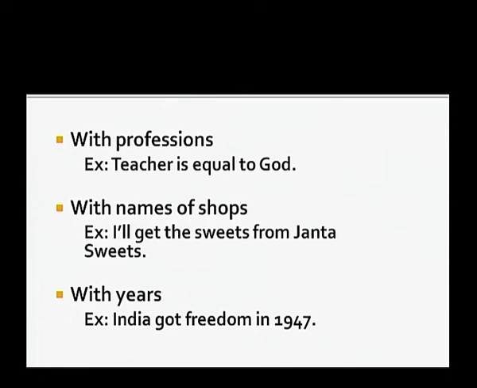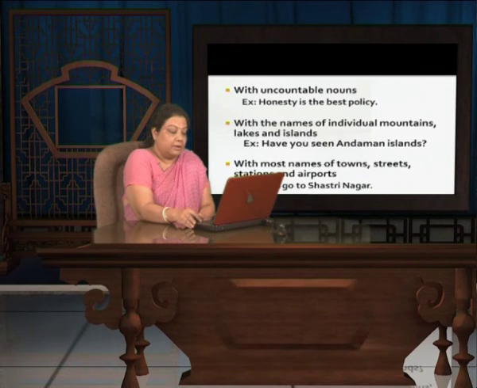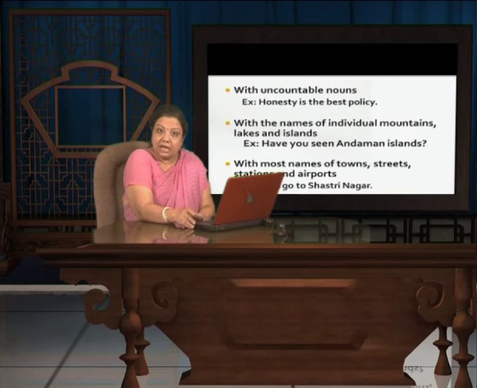With names of shops, I'll get the sweets from Janta Sweets. We don't say I'll get the sweets from the Janta Sweets. With years, India got freedom in 1947. With uncountable nouns, the nouns which we cannot count in numbers, we say honesty is the best policy. Honesty here is an abstract noun, and so we don't use the before honesty.